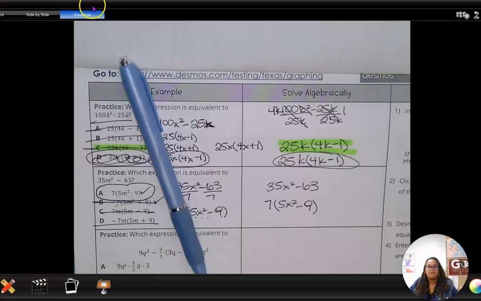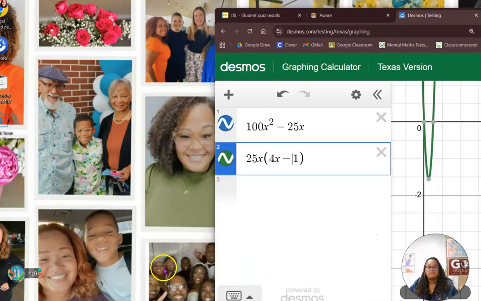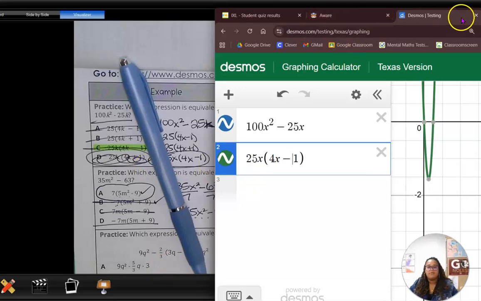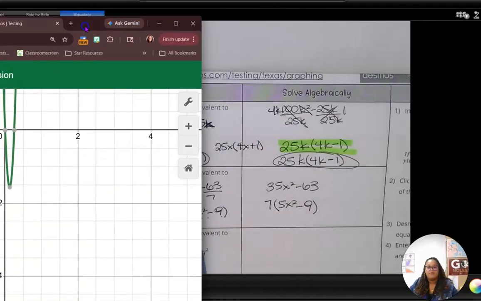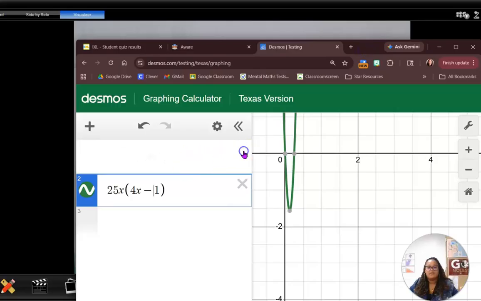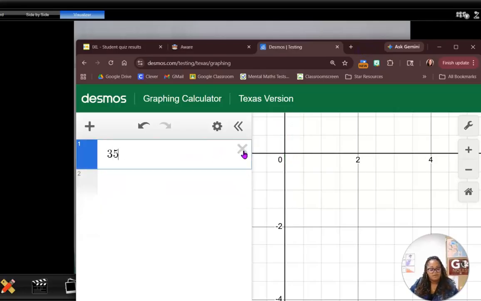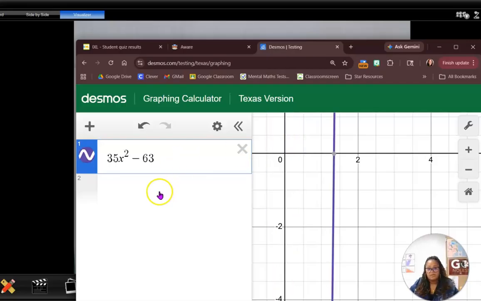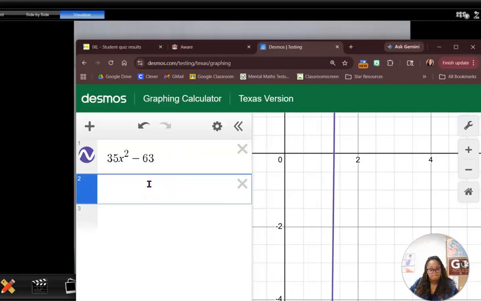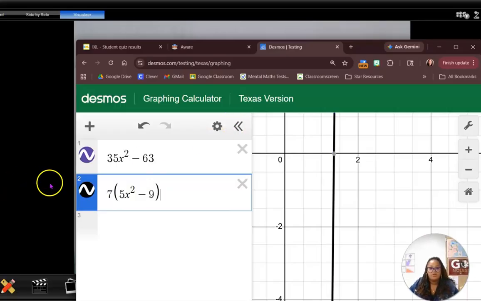There's DESMOS. 35x squared minus 63. And the other one was 7 times (5x squared minus 9). Do they match? Are they the same? Yes.